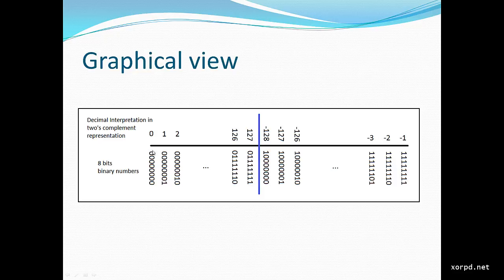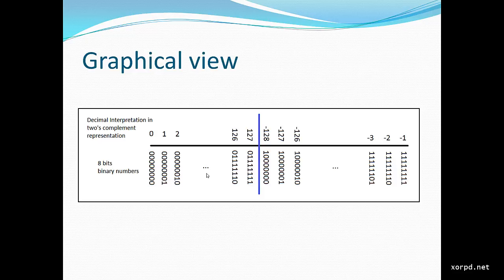We begin from the usual 0 here, and if we count up and increment by 1 every time, we move from this number to the next one, which is 1, and this is 2, and so on, until the last number that we can represent with 8 bits, which is all 1s. And this is what we see if we just look at the bits, but we can at the same time look at the interpretation in 2's complement representation.